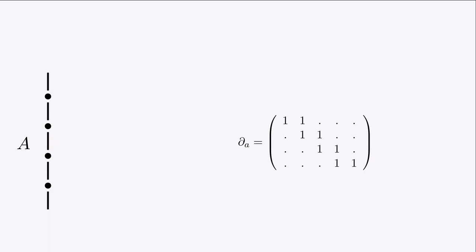The hypergraph product is built from two classical binary linear codes, which I'm calling A and B. Let me just show you an example for A. This is a repetition code on 5 bits.